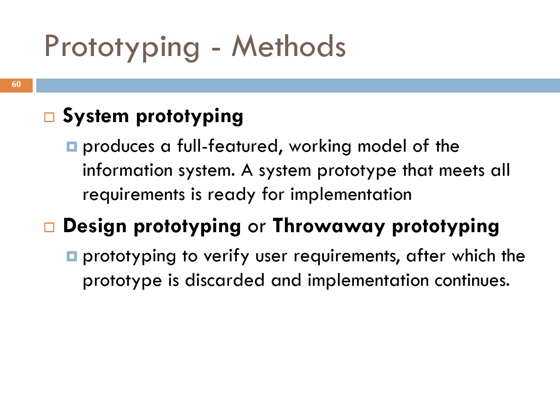Another type of prototyping is design prototyping, or throwaway prototyping, whereby the prototyping is to verify user requirements, after which the prototype is discarded and implementation continues. So design prototyping is just to get the user feedback.